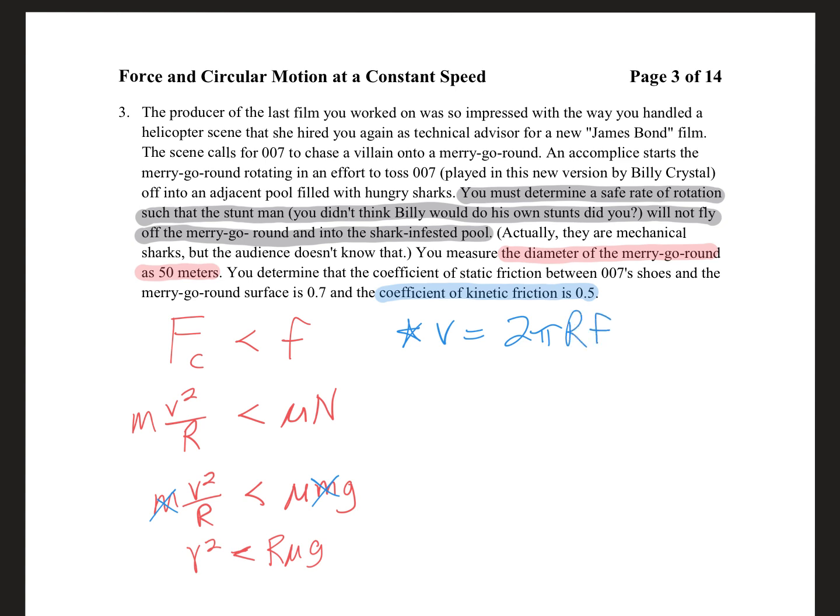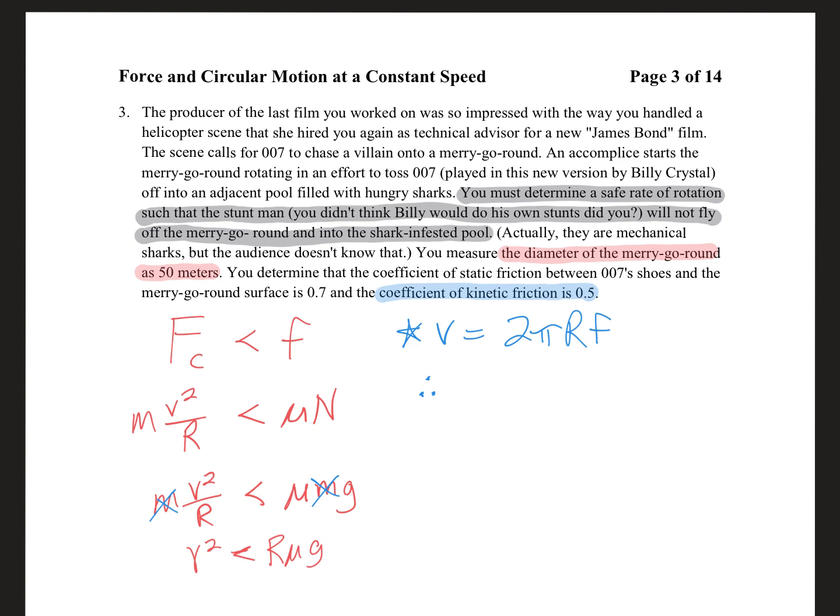So this is just putting those things together. So 2 pi r would be the circumference of a circle, and the frequency is how many times you go around that. So it's really a 1 over period sort of thing. It's an inverse seconds sort of thing. And so therefore, that's what the 3 little dots are. It's a little mathematical shorthand.